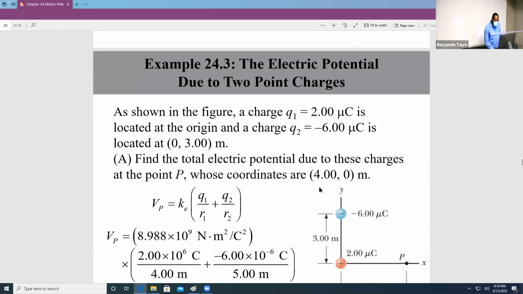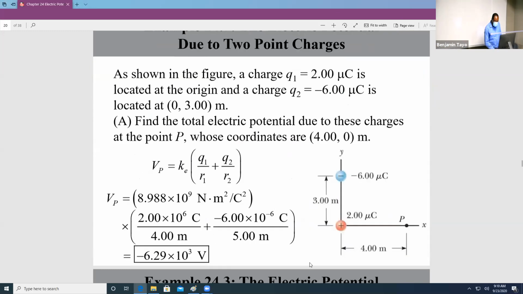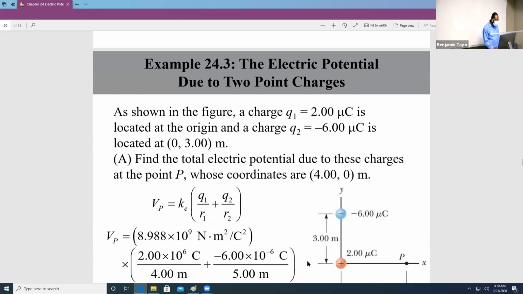So now let's do one, and I think this example is going to be useful for the drill tomorrow. So let's look at this example here. So this is example number 24.3.